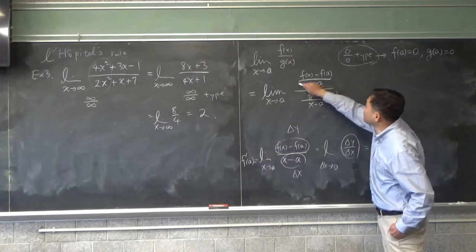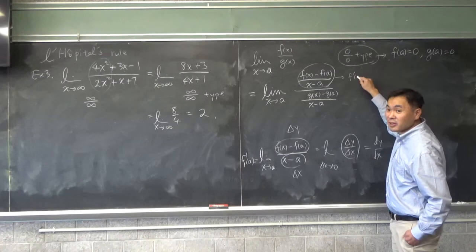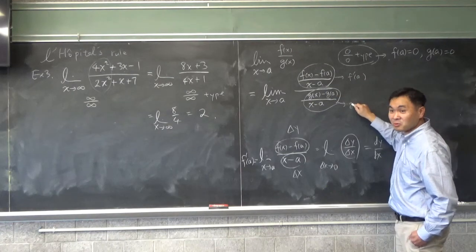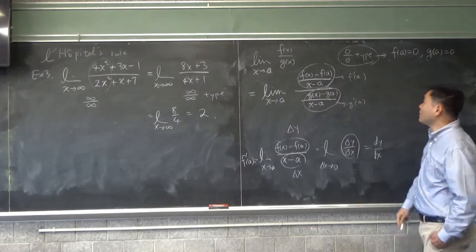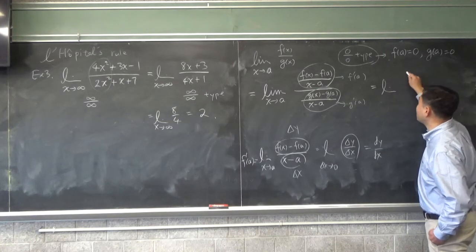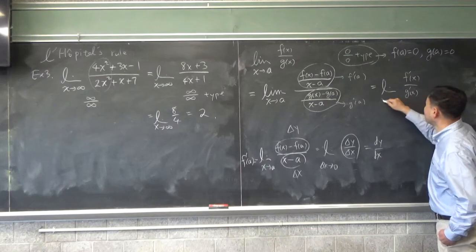So look where this gets closer and closer to. F prime of a. And this also gets closer and closer to g prime of a as x goes to a. And that's why this would be same thing as taking limit of f prime of x over g prime of x going to a.